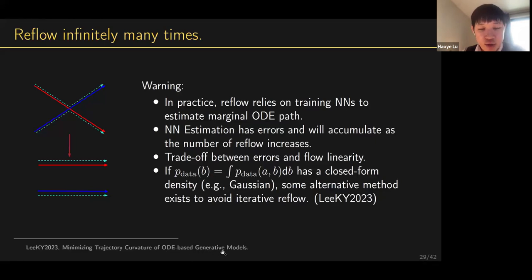They have a very special trick to avoid reflow but still linearize the trajectory. The only limitation is that we need one side of the distribution to have a closed-form density expression so that you can make sure some constraint is satisfied.